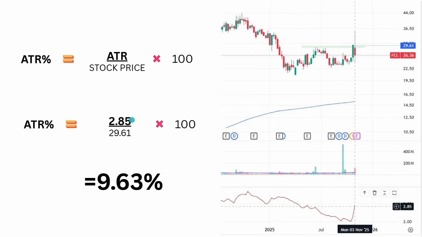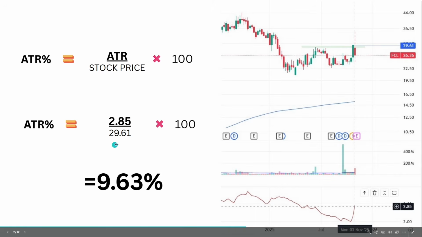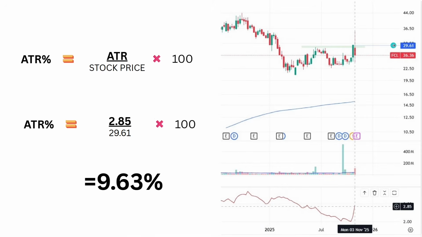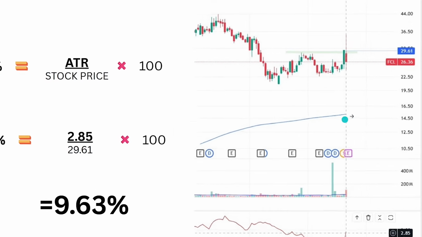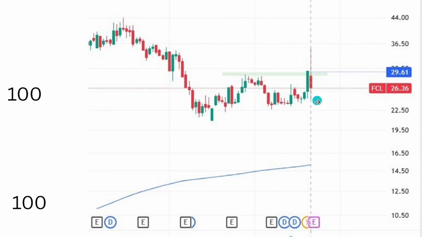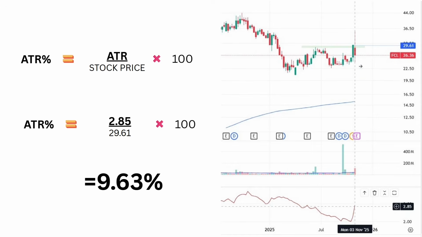Out here, 2.85 is the ATR, 29.61 is the stock price, and then we just multiply by 100, and we get a value of 9.63%. That's very volatile. That simply means this stock is moving up and down by up to 9.63%, which is a lot. If you set up a stop loss on this, it'll easily take you out.